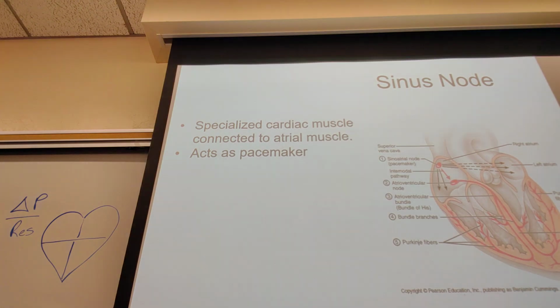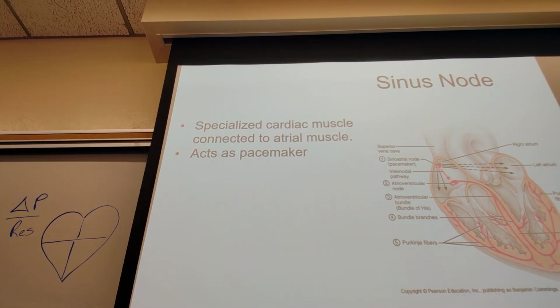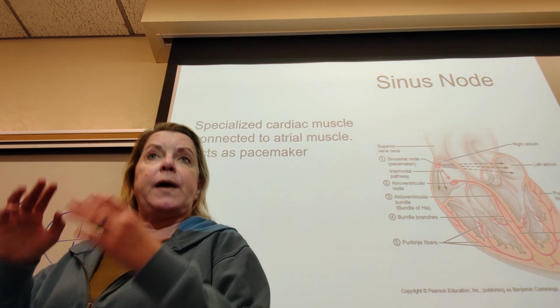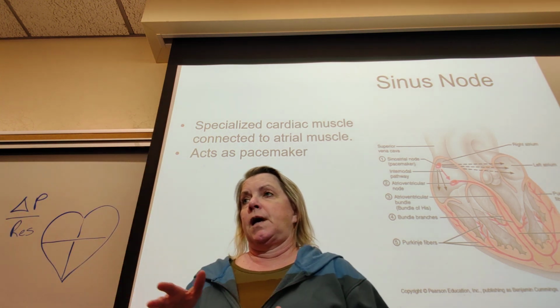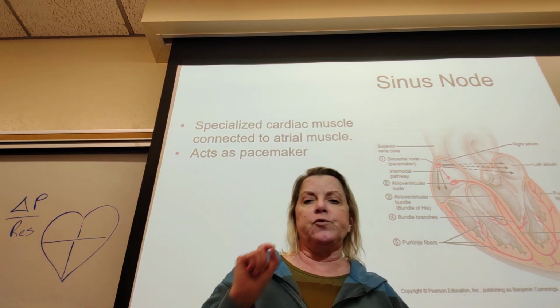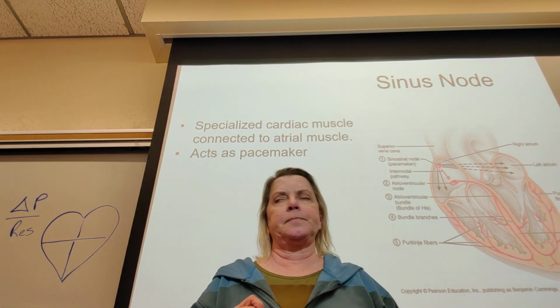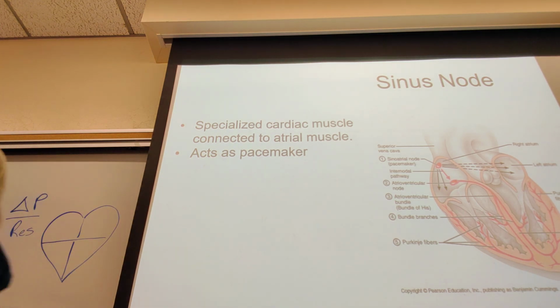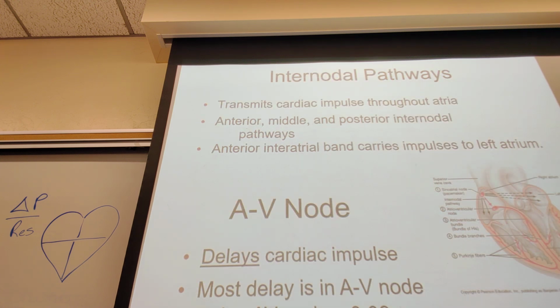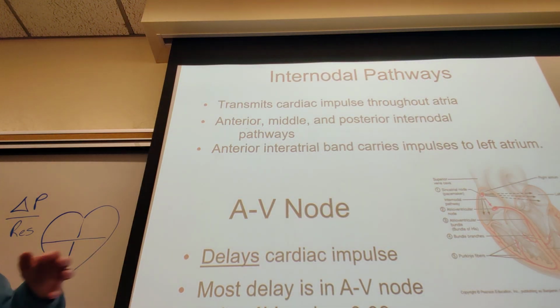So the SA node is the pacemaker. It reaches action potential threshold first. I'm going to show you why, and we're going to draw it out on the board. From there, it spreads through internodal pathways down and to the left.